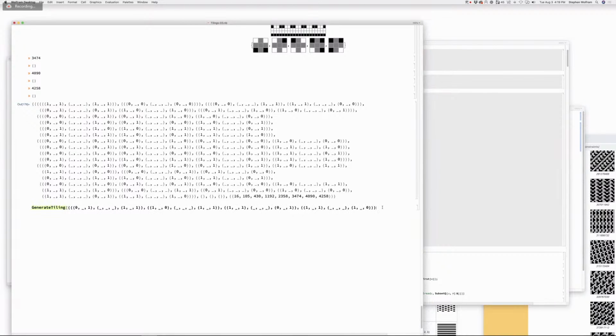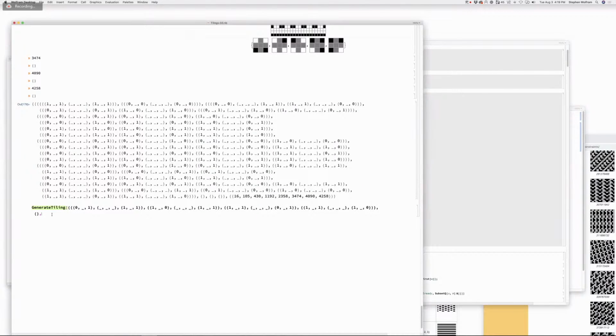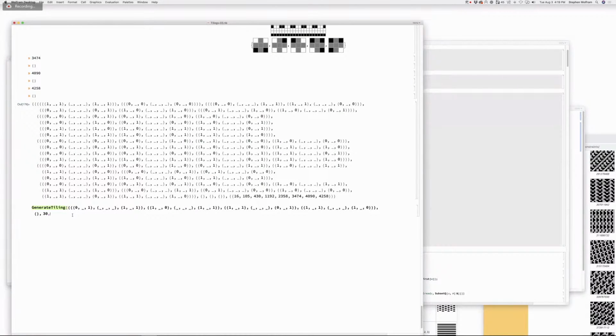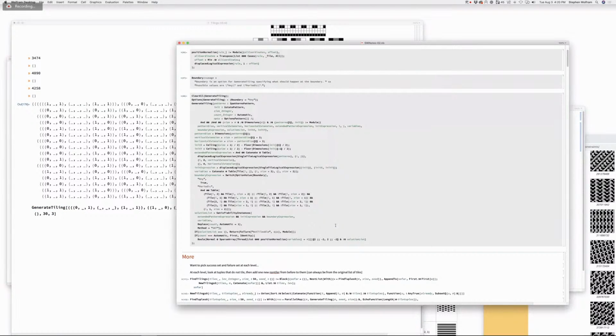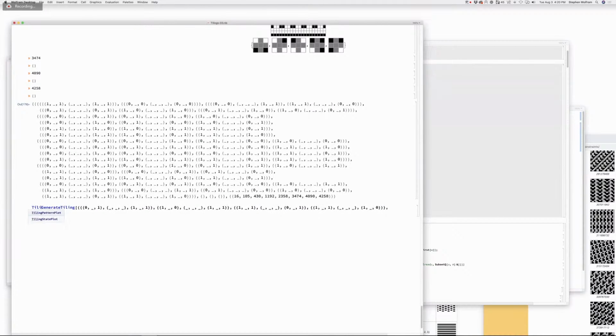We're going to have no initial seed, size, let's say 30, and let's say we want to generate 3 instances. And then for each of those, we want to do tiling state plot.